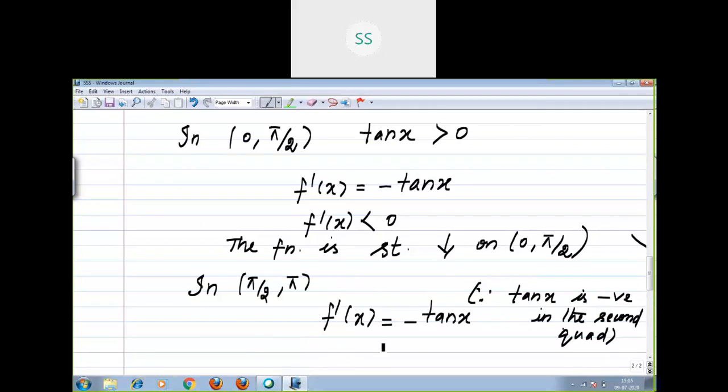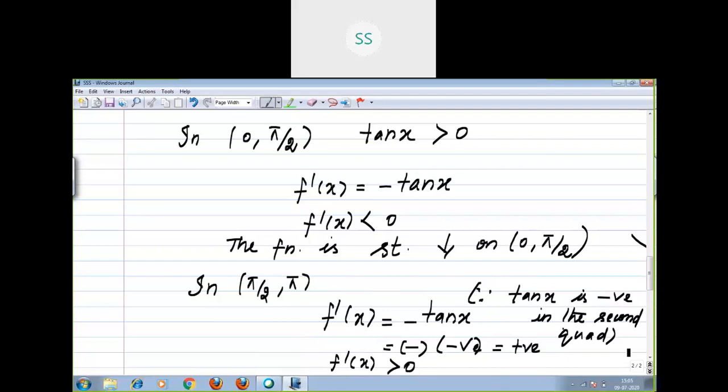You see, f dash of x equals minus tan x; here it is negative, and tan x is also negative. Negative into negative is positive. That means f dash of x is greater than 0.